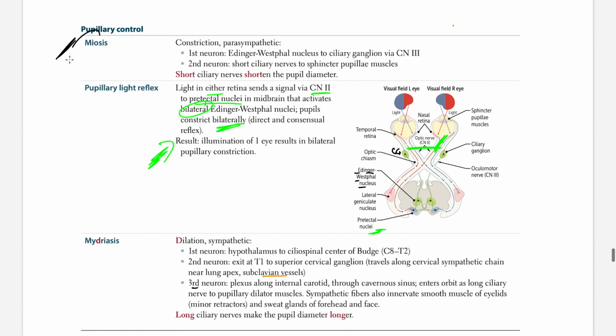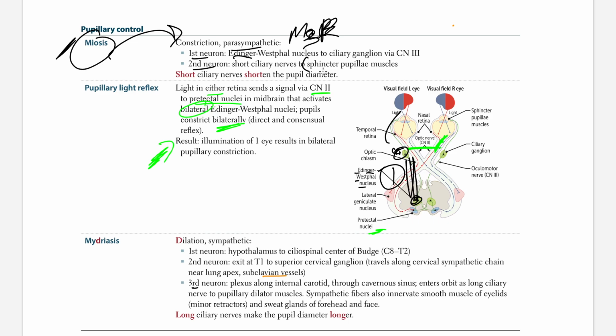Miosis is all about constriction, done through the parasympathetic M3 receptor. First neuron, second neuron. The first neuron goes from the Edinger-Westphal nucleus to the ciliary ganglion, and from the ciliary ganglion all the way to the sphincter pupillae muscle.